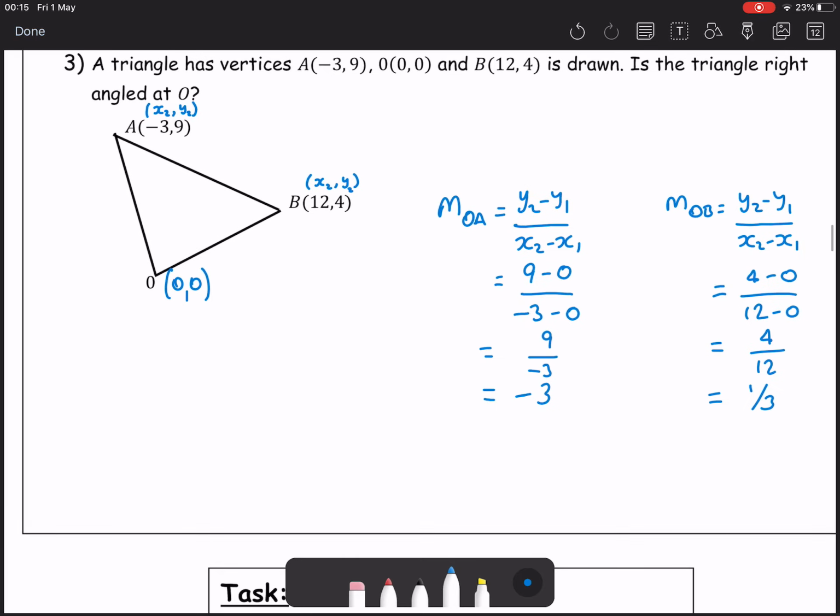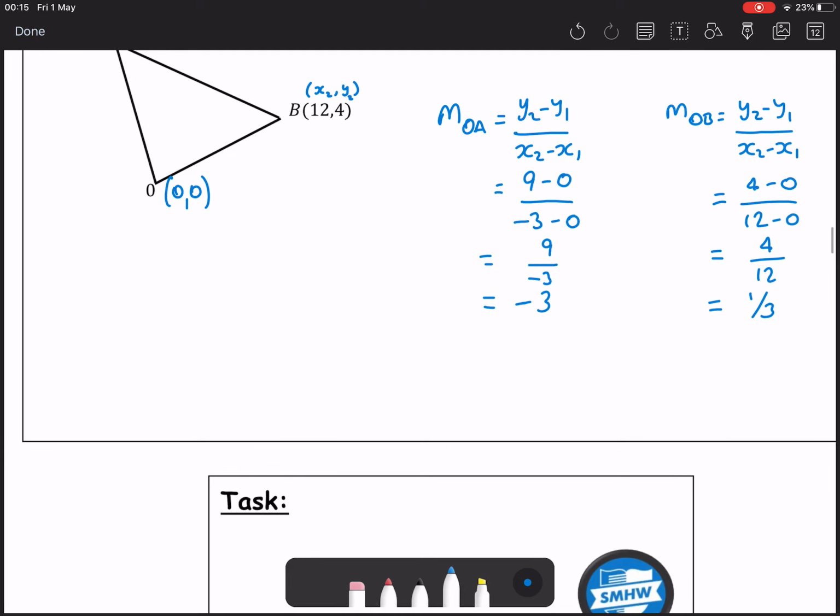A wee bit of evidence here. I have m OA multiplied by m OB is equal to minus 3 times 1/3, which is equal to minus 1. So that's the evidence required.